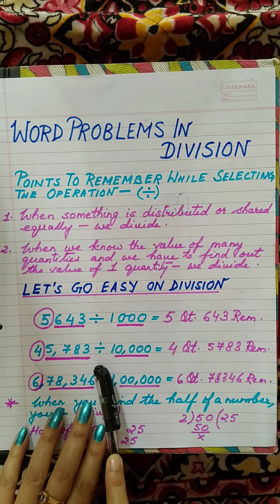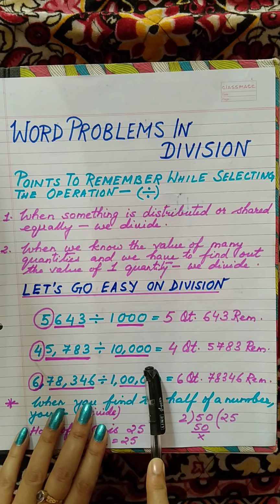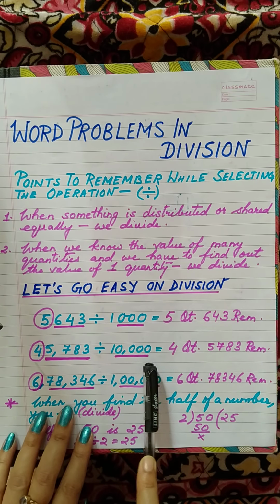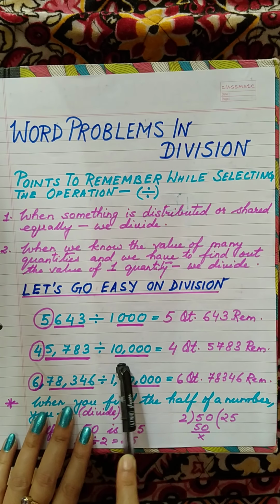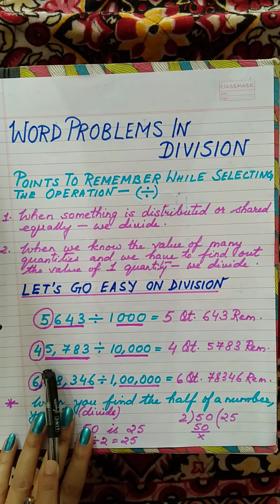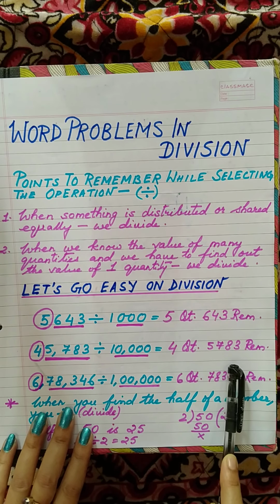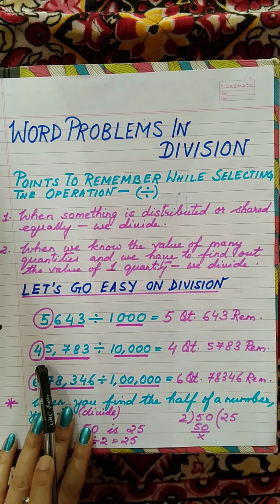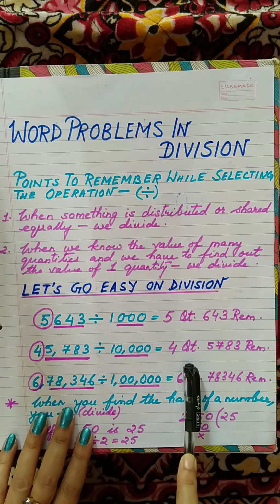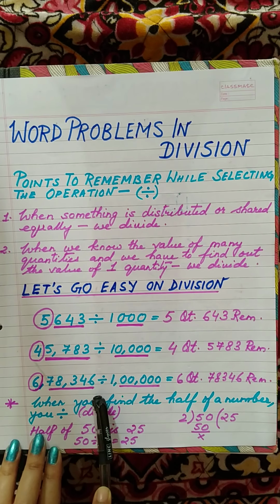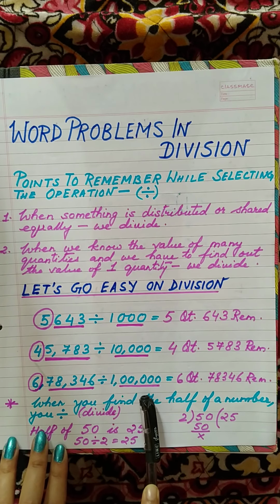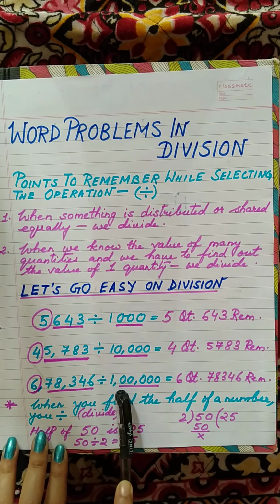Here we are dividing by 10,000. Now 10,000 has got 4 zeros. So we underline 4 digits and this becomes the remainder. The remaining digit is the quotient. In the next sum, you see, we are dividing by 1 lakh. 1 lakh has got 5 zeros.